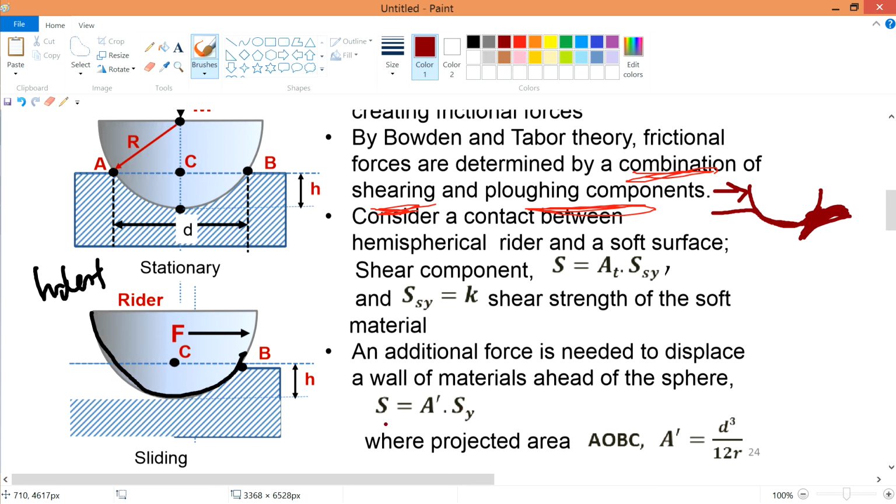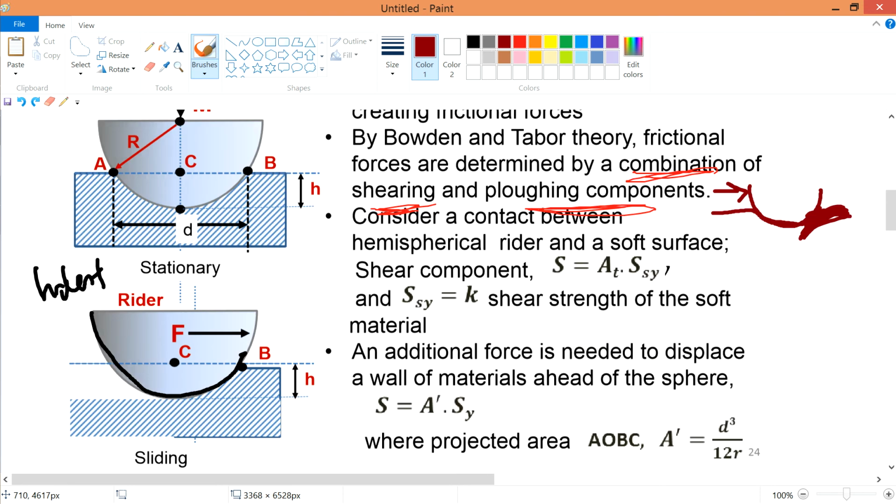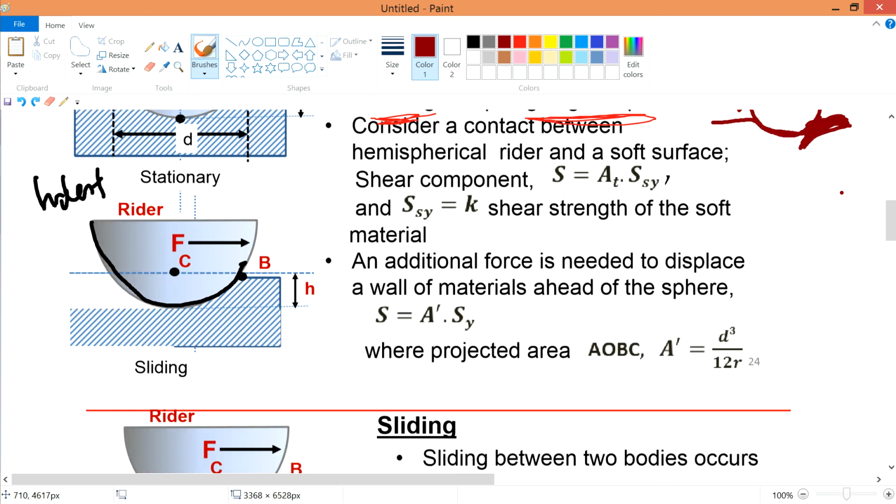So therefore you talk about the A prime, A prime SY. This A prime is a projected area, the area that you will rub across. So nonetheless, if you think about it, everything over here is talking about stress equals force over area.